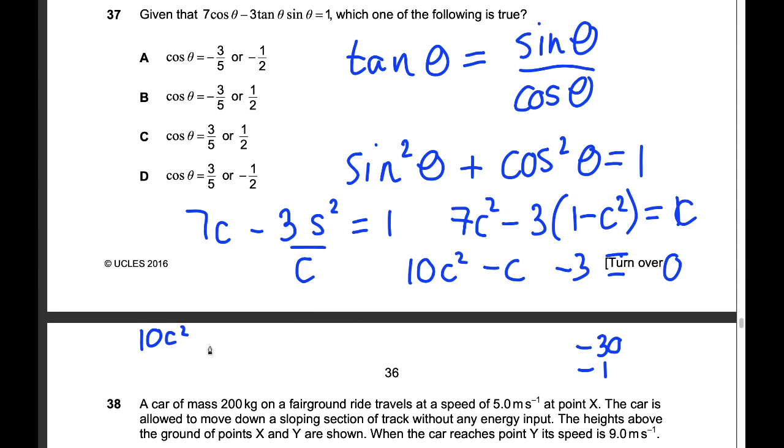I'm going to split that minus C into a plus 5C and a minus 6C, minus 3 equals 0. So I'm factorizing it kind of old school. You can use the formula if you want. If you want to use the formula, that's up to you. I'm going to factorize out 5C. So that's 2C plus 1.